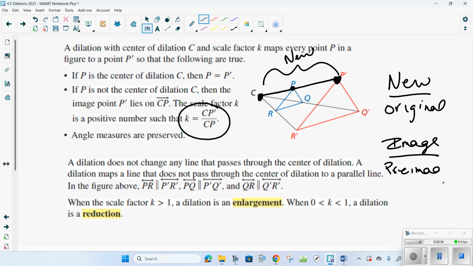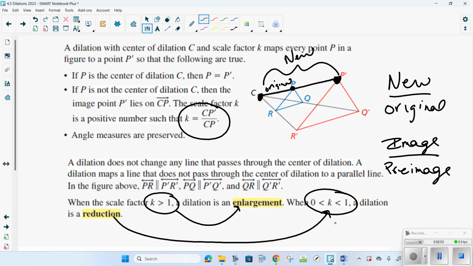I prefer new over original, but this would be the original. Now, if that scale factor is bigger than 1, that would be considered an enlargement. If the scale factor is between 0 and 1, you would consider that a dilation would be a reduction. So we got enlargement or reduction.